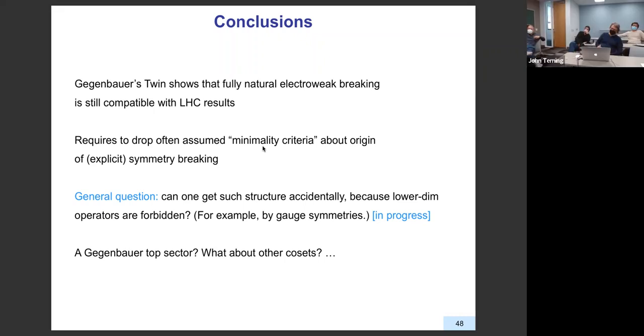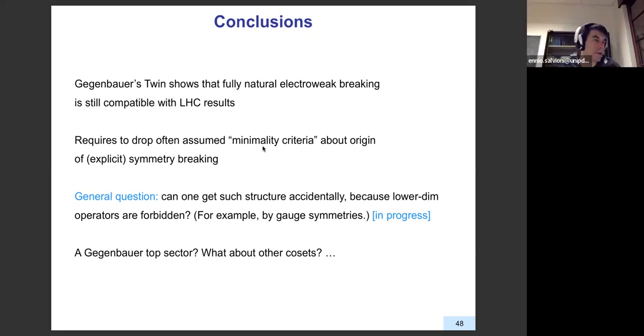Yeah, your goal is to get a very large n, but if you just try something very simple, what n do you get? No, okay. I don't think I can answer that, in the sense that what I was just suggesting, in principle, can work, because if I choose by fiat my representation of the scalar to be large, then in principle I'm forbidding operators below a certain dimension. But it's equivalent to saying I fix n to be 10, 20 or so by hand. So I don't think I have an answer. If I understand correctly the question, I cannot tell at the moment.